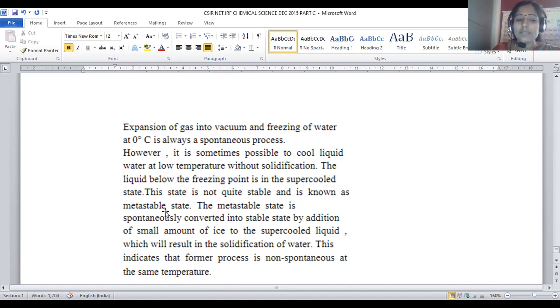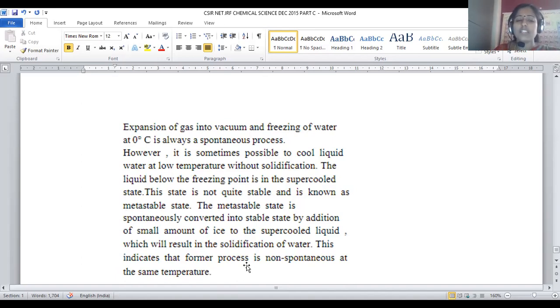That is known as the metastable curve. On this metastable curve, liquid water exists even below 0 degrees centigrade. But when we add a very small piece of ice to that metastable water, what happens? The entire water will be solidified now. Entirely it becomes solidified water.